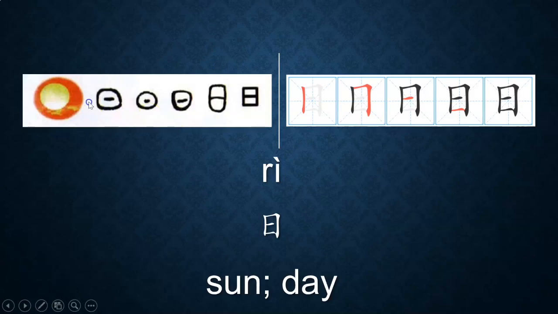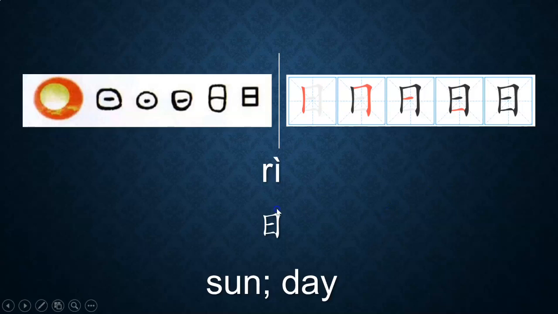In the old days, people drew a circle and then put a dot in the middle. That is how originally the 日 character was written. But gradually, they changed the shape of the character and made it more square-like. And if we follow it stroke by stroke, here is how we write the Chinese character for 日.